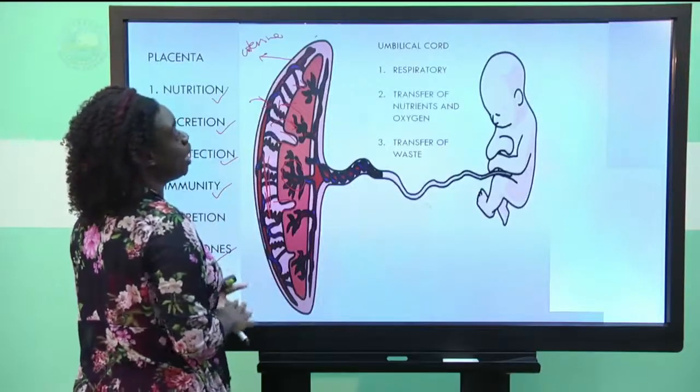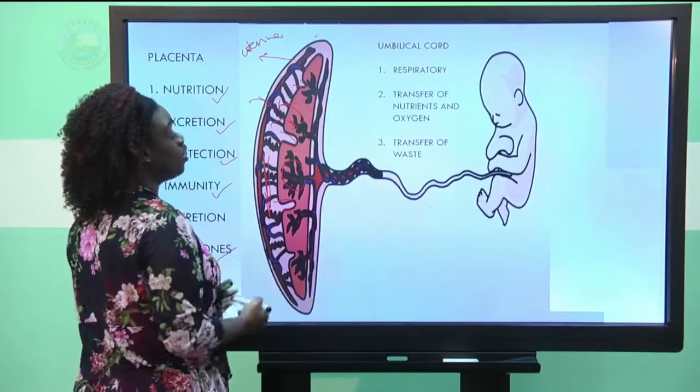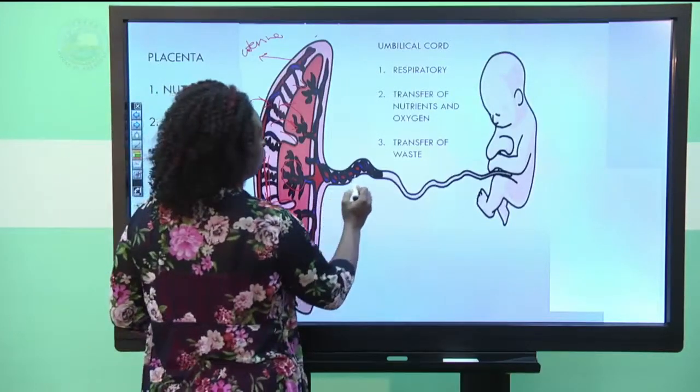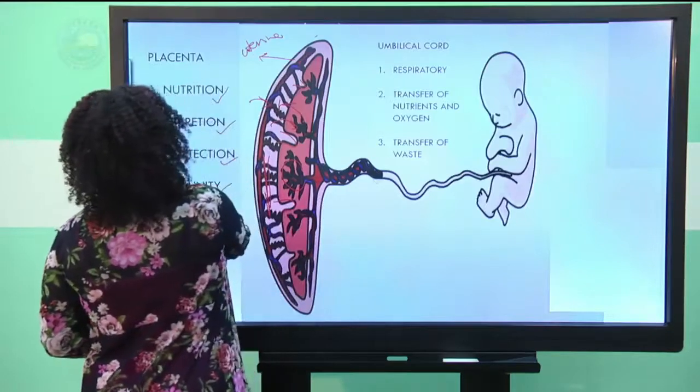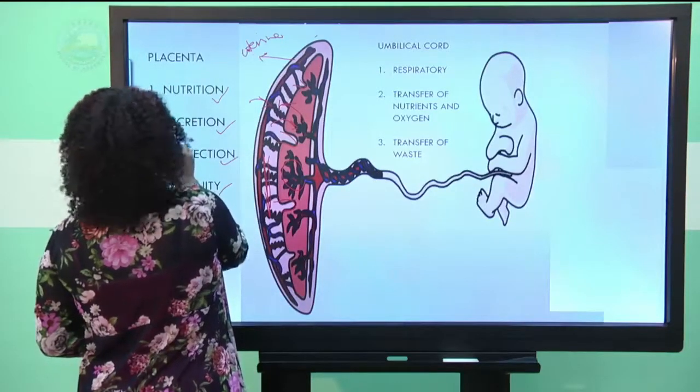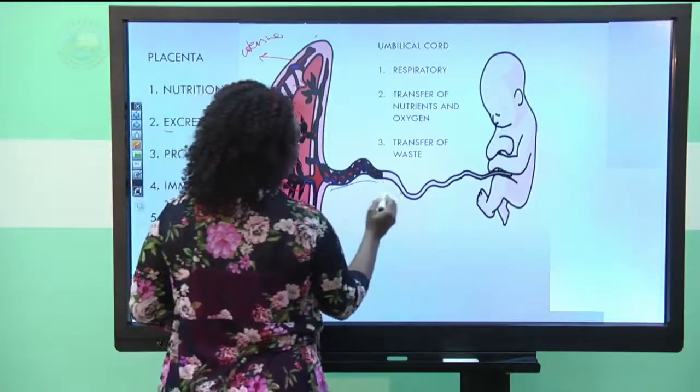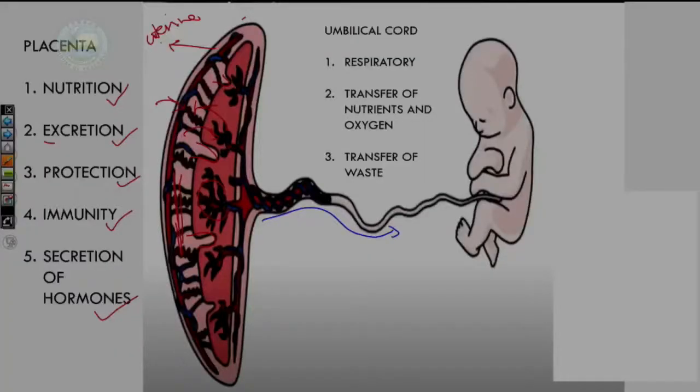All right, so let's now look at the umbilical cord. We know that the umbilical cord is this tube that stretches from the placenta to the baby. And it more or less mirrors the functions of the placenta, only that it is a transport medium.